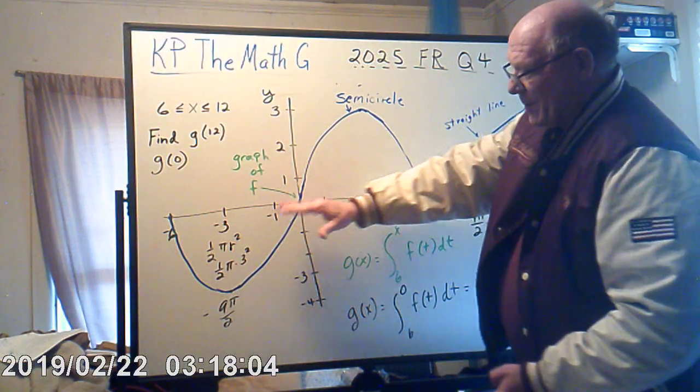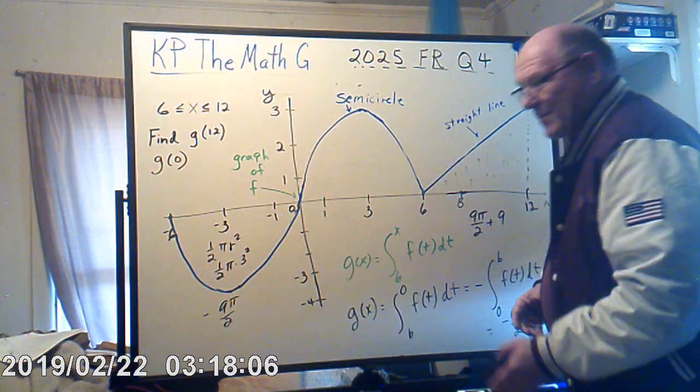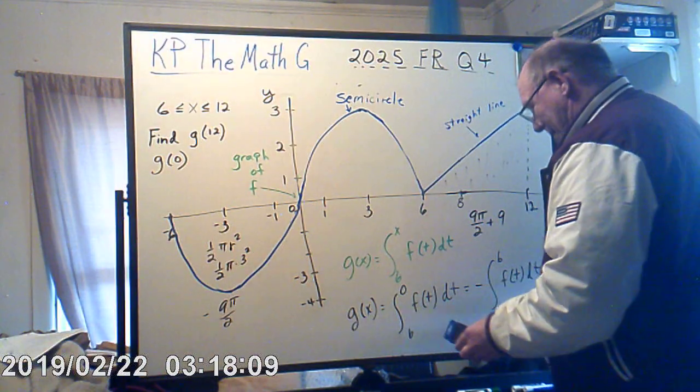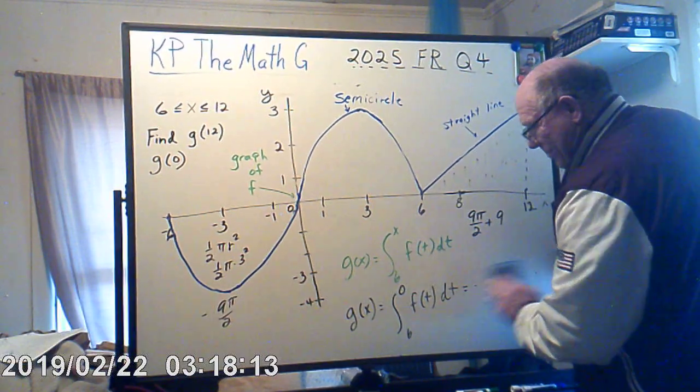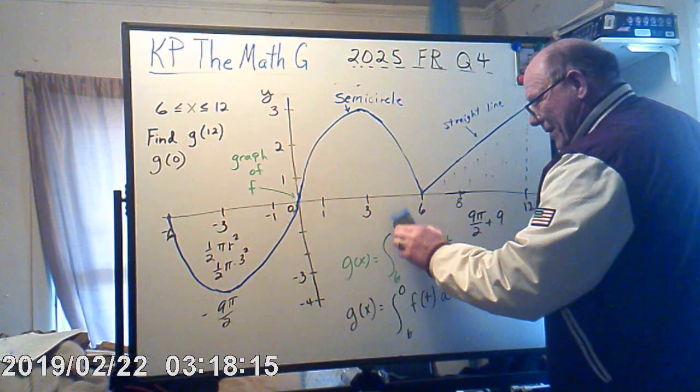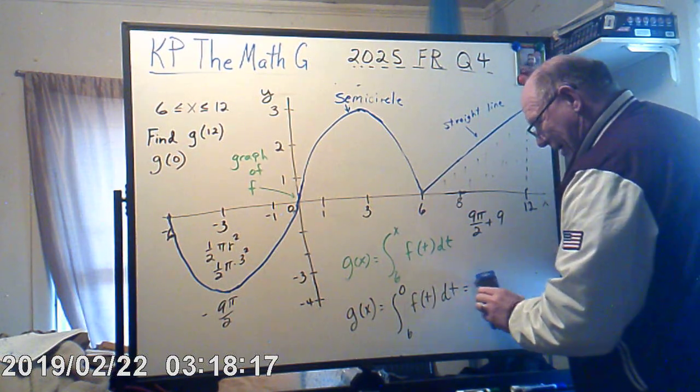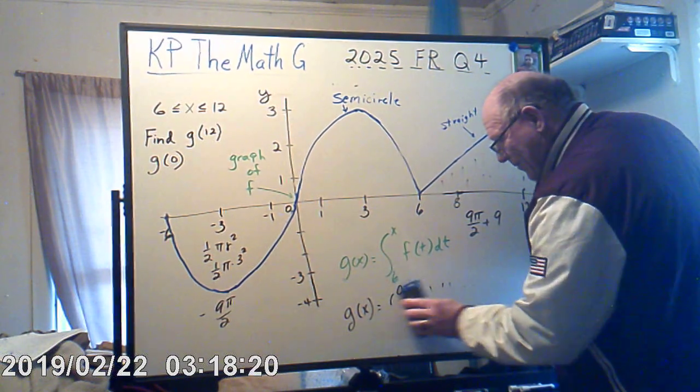And that's why this is negative here. For one thing, it's below the x-axis. Usually that's going to be negative when you see that. But they did this 6 on purpose down here so that when you put the 0 up here, you automatically put the negative sign in front.